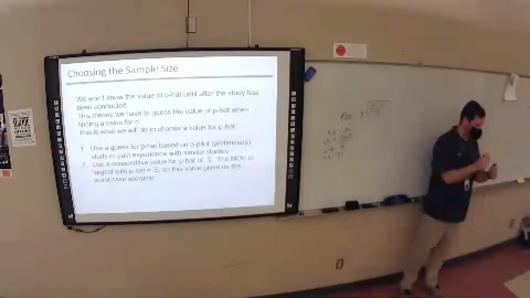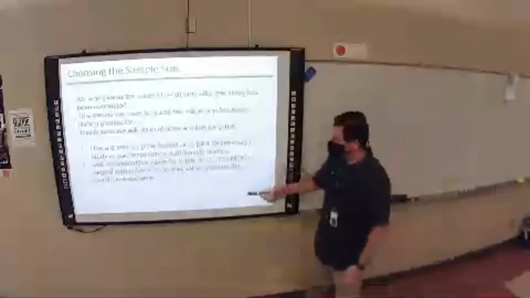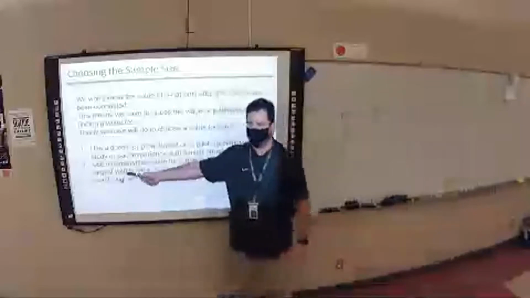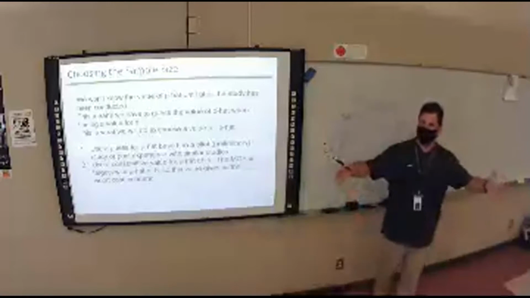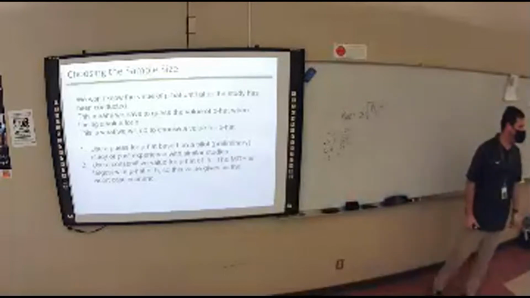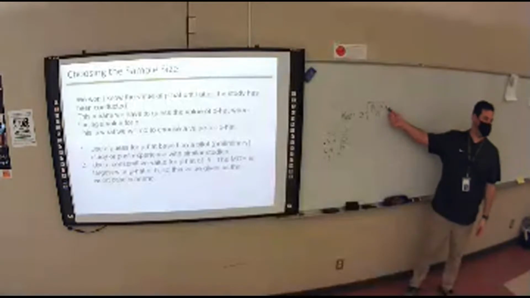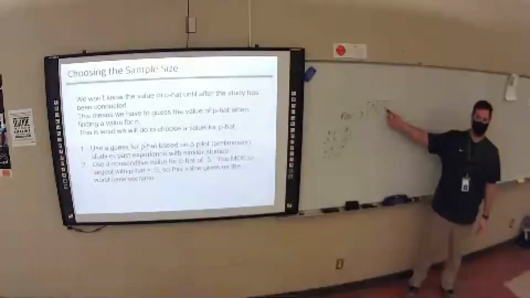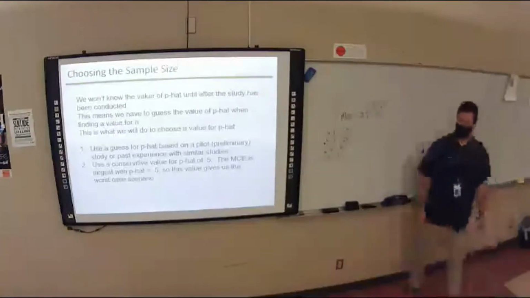By using 0.5, we are using the worst case scenario. It's the highest that could possibly be. There's no way that this number up here will be any bigger than 0.25. 0.25 is the absolute biggest it will ever possibly be. So we are using the worst case by using 0.5.